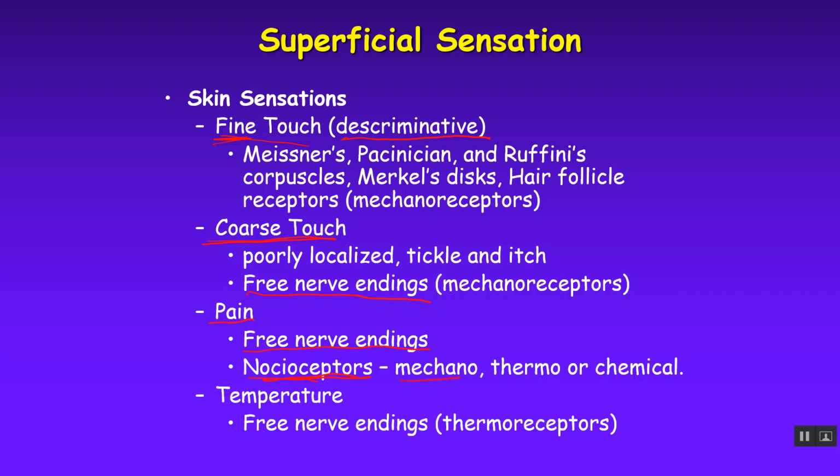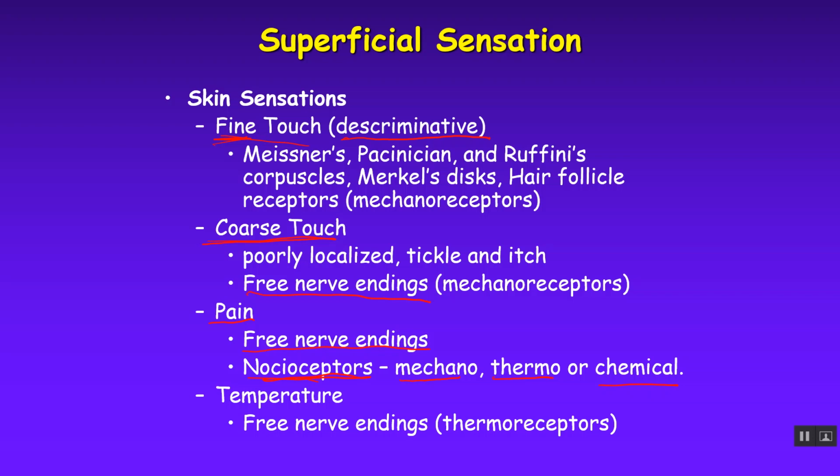These free nerve endings are kind of cool. They can be stimulated by mechanical means, thermo means, or chemical means. So the free nerve endings are the do-it-alls, but they provide not great fidelity of information. They provide the itch and tickle, and they provide pain, okay?